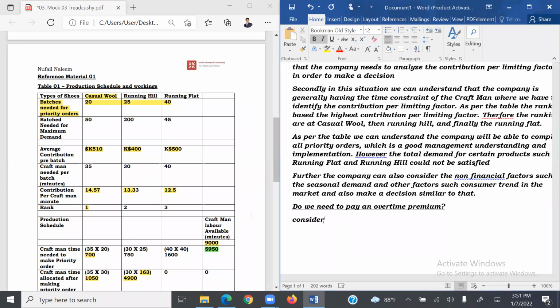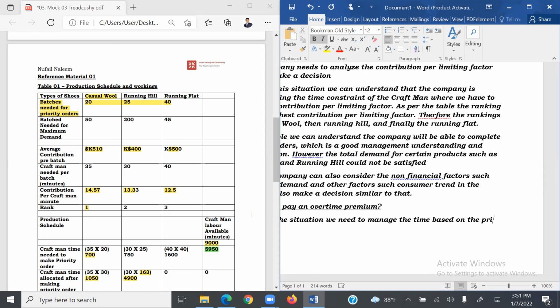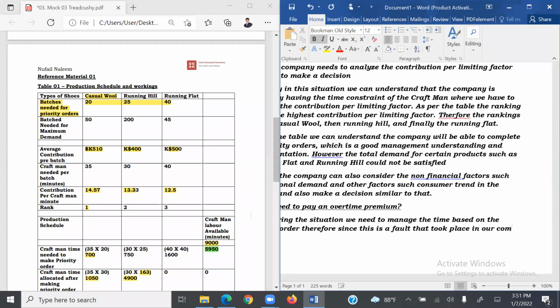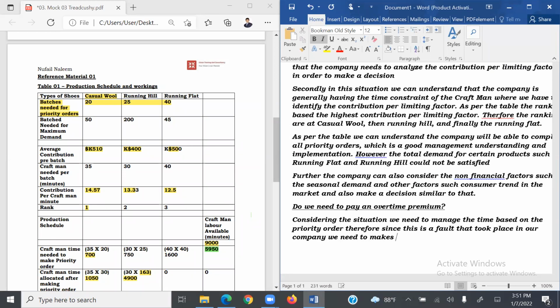Considering the situation, we need to manage the time based on the priority order. Therefore, since this is a fault that took place in our company, we need to make sure that it is better to pay an overtime premium.